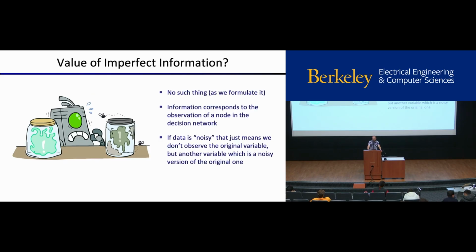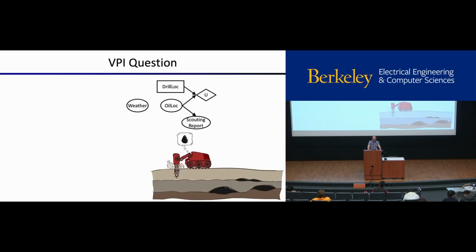I'm going to skip this slide, and so here are some more questions to think through some intuition here. This is a slightly more elaborate decision network. There's the drill location, there's the oil location, and then there's the scouting report, which changes based on what the oil location is, and then we have the weather that's totally disconnected.